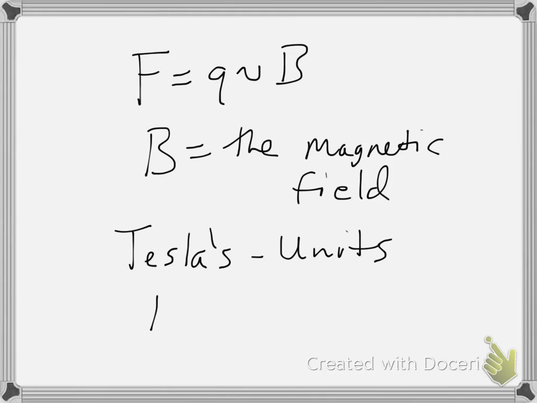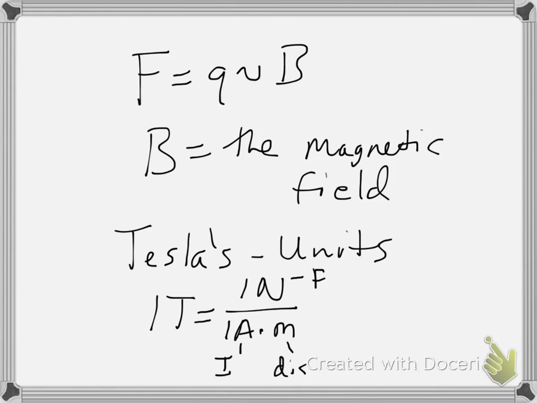By definition, 1 Tesla is equal to 1 Newton per 1 amp times a meter. These are a little bit funny units: units of force over units of current times a unit of distance. But this is how the magnetic field is defined. And so this is the equation of a charged particle in an external magnetic field B, where V is the velocity of the particle and Q is the charge.